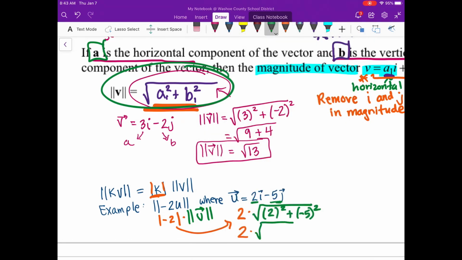The 2 is going to stay there. Think of this as the scalar that just goes in front of the magnitude. 2 squared is 4, plus 5 squared is 25. So 4 plus 25 is 29 in the square root. Again, I try to simplify that if I can. Otherwise, this is just going to be my final answer.